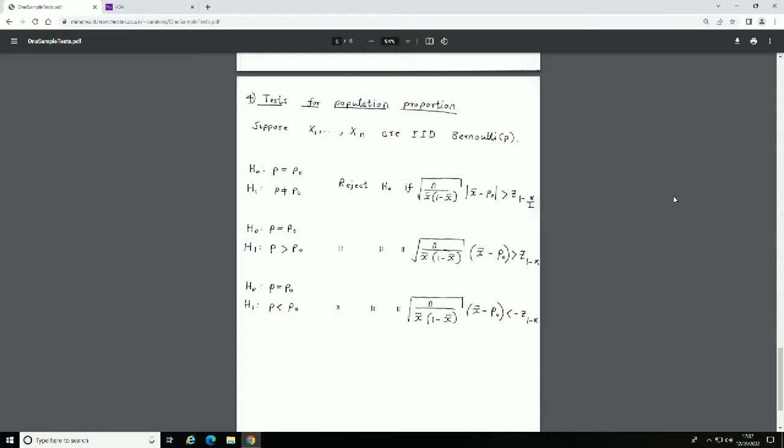No, you have been told that P equals 0.1, so that means it's the same. Yeah, it is correct.